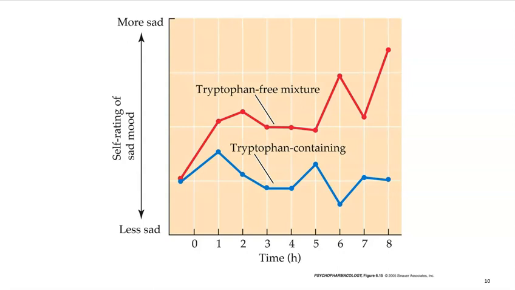The red line of tryptophan free mixture is showing an increase in a sad mood without tryptophan, and those that had tryptophan experienced less sadness over time, with time in hours on the x-axis. This was done looking at female volunteers with serotonin depletion who are depressed patients in remission, caused by an increase in depressed feelings.